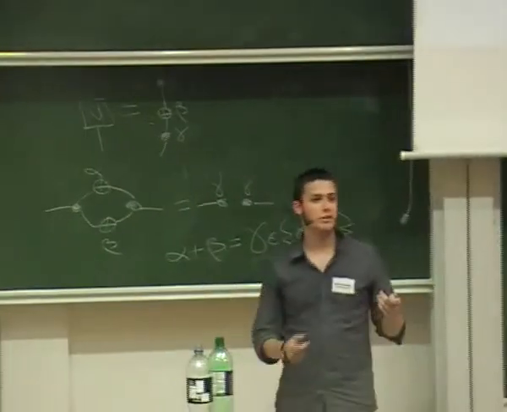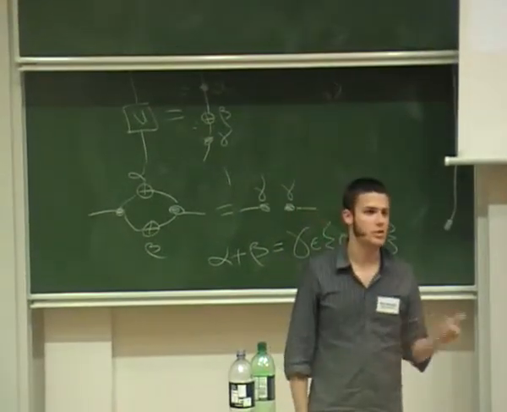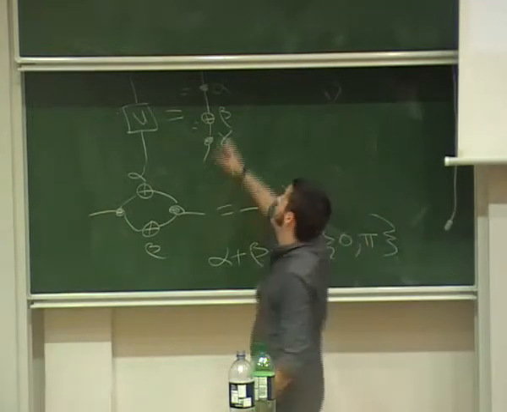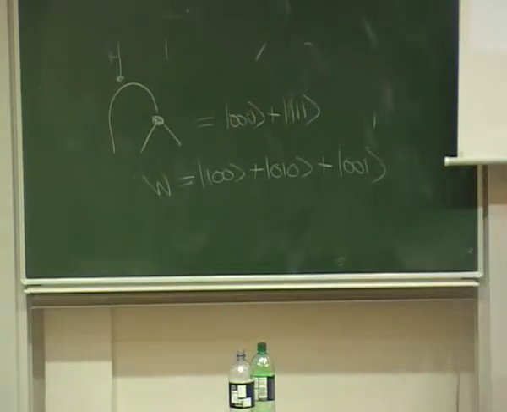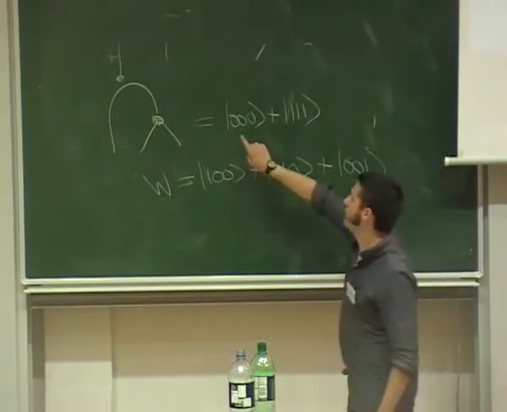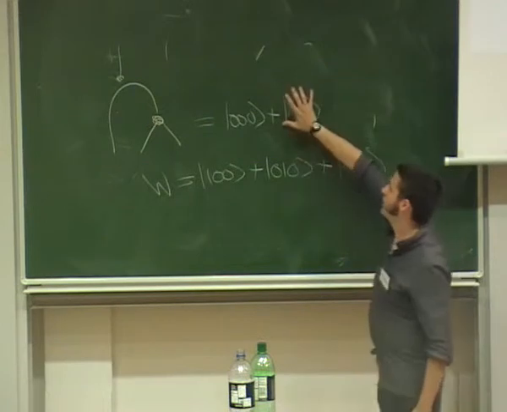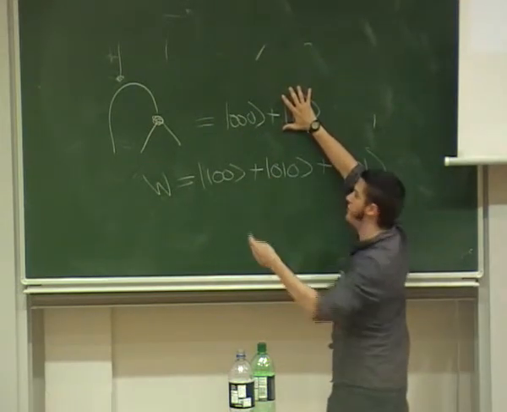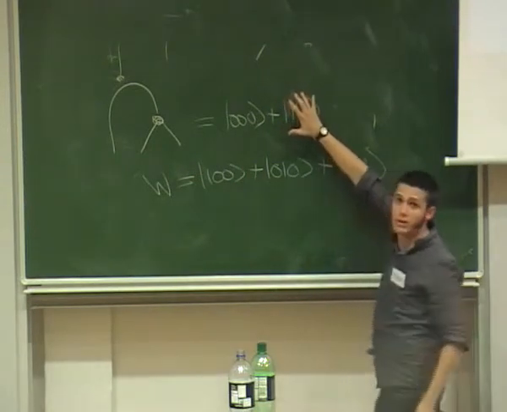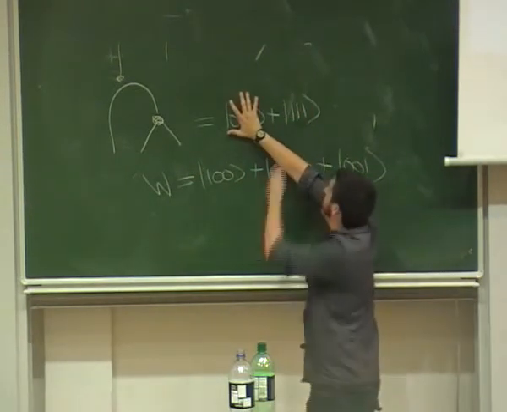The way we distinguish these slot classes of a GHZ state and a W state, one way we can do it is by plugging. If we plug a 0 into a GHZ state, we get 0, 0 left over. So if we project the first qubit to 0, we get 0, 0 left over. If we project the first qubit to 1, we get 1, 1 left over.